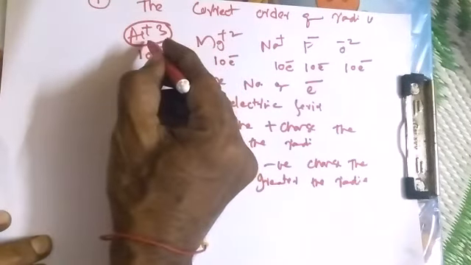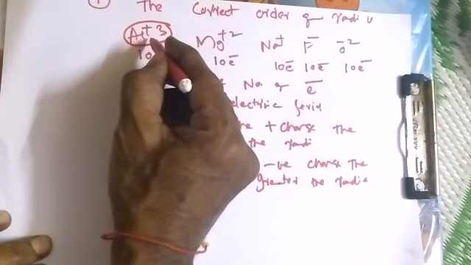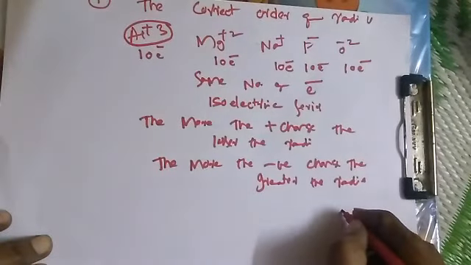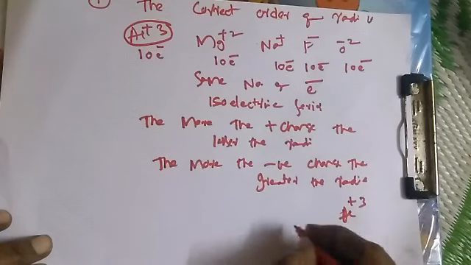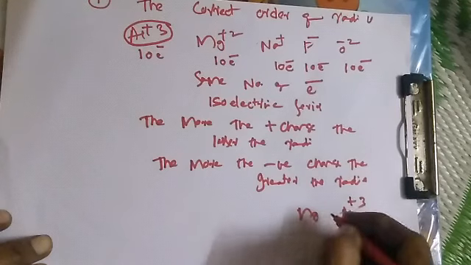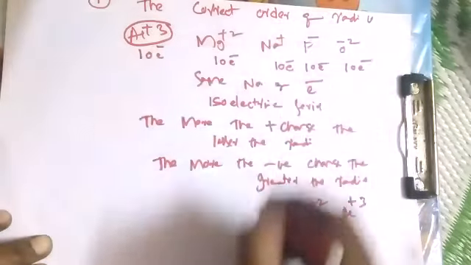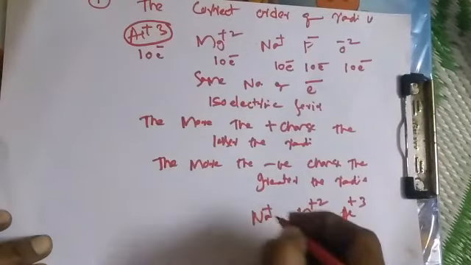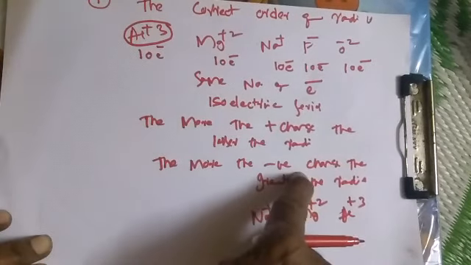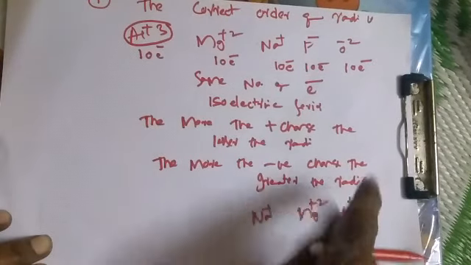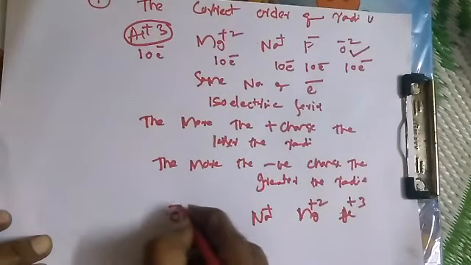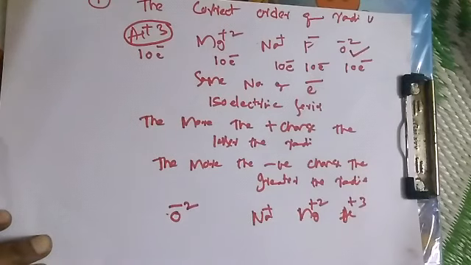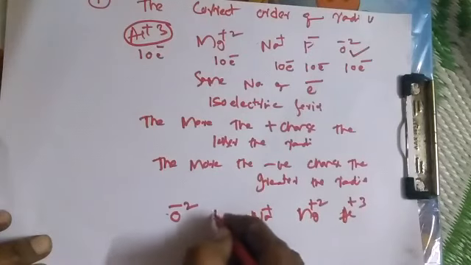So aluminum has 3 positive charges, for which I have to write aluminum last. Next, Mg. Next, Na. Next, the more the negative charge, the greater the radius. Oxygen has more negative charge, so I have to mention oxygen first, then fluorine.